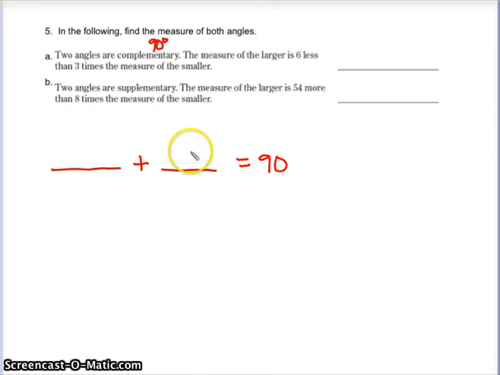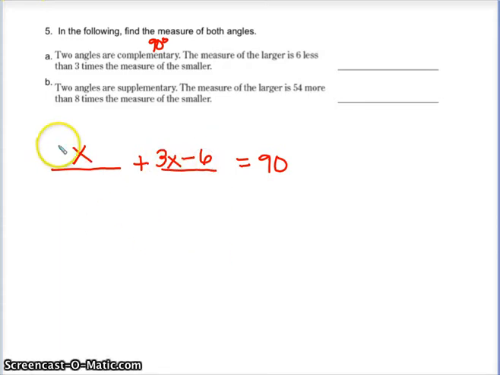There's a smaller angle. I don't know what it is. We'll call it x. Now the larger angle is 6 less than 3 times the smaller. So since we called the smaller angle x, this other angle has to be 3 times x and 6 smaller. So my larger angle is actually 3x minus 6.